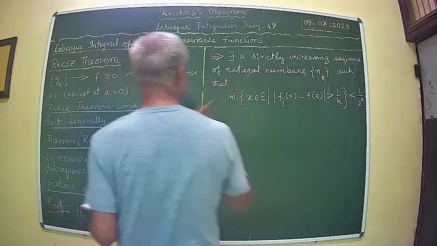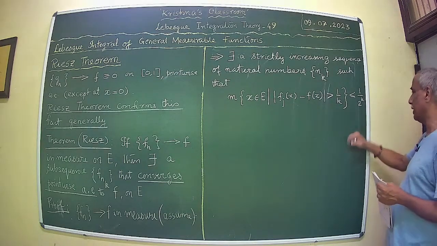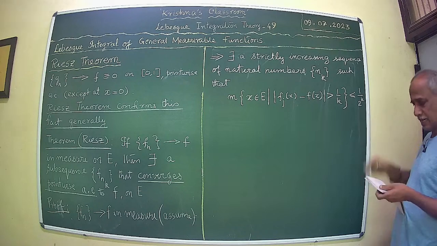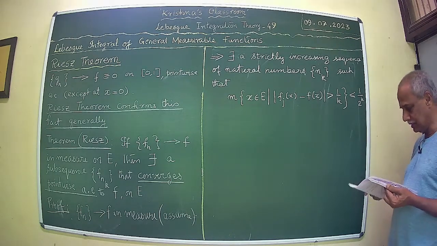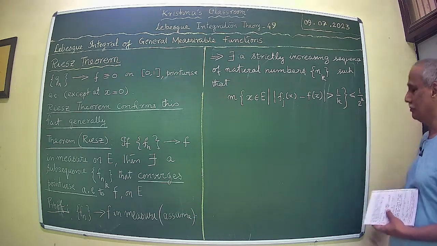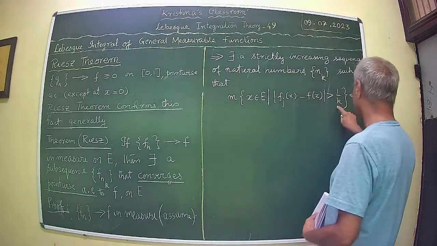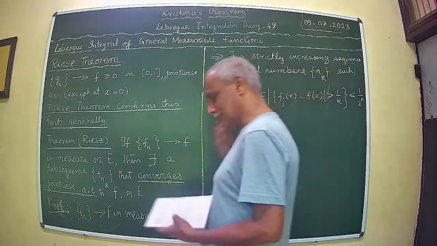You just recall the definition: for any eta positive, for a given eta, you have a corresponding epsilon such that this is true.